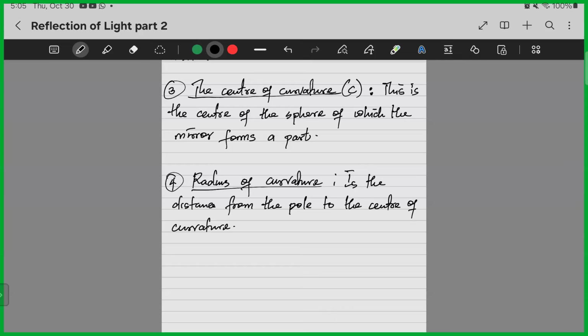So the idea is, this radius of curvature is one of the things that determines what type of mirror we're using. The radius of curvature for a concave mirror is in front.